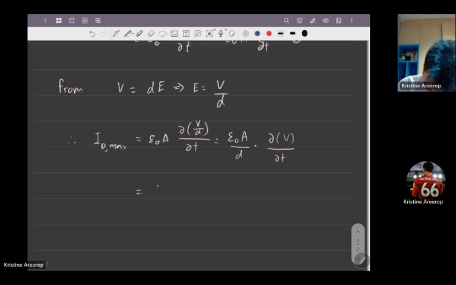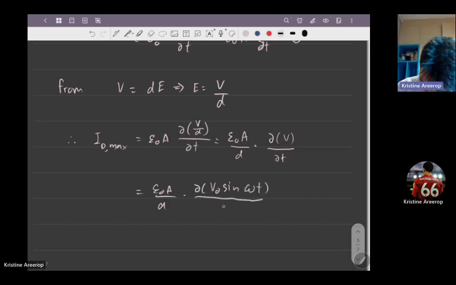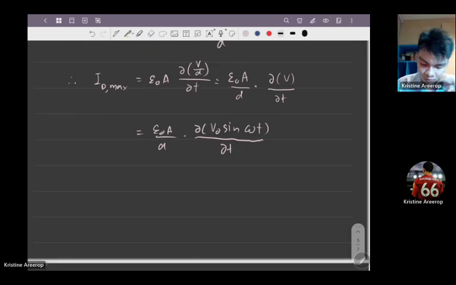From V equal V0 sine omega t, differentiated by dt, V0 is a constant value, same as A and d, but with another meaning.